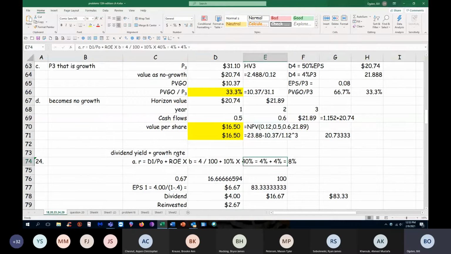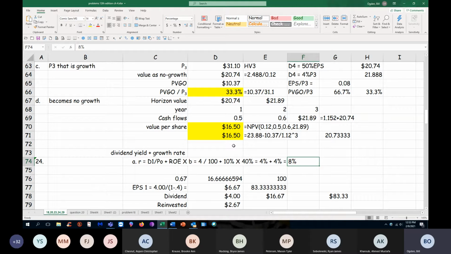So the dividend yield plus the growth rate. So the dividend yield is a $4 dividend expected on a price of 100. And then the growth rate is ROE, 10% times b, which is 40%. So now we have 4 plus 4. That gives us the 8%. I think he told you that anyway.